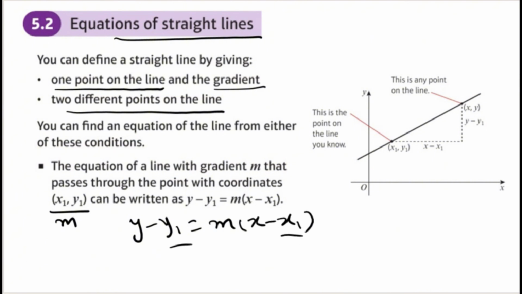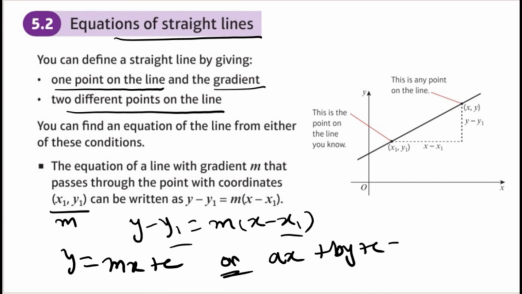So y1 and x1 is the given coordinate. When you simplify, you can write this equation in the form of y = mx + c or ax + by + c = 0, depending on how the question is asking. Equation of line.